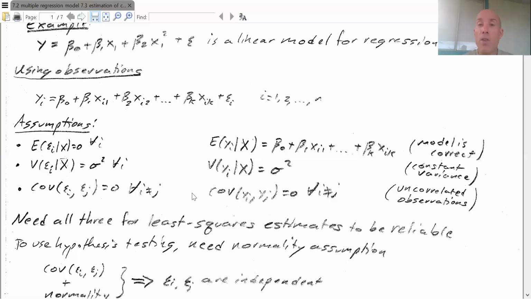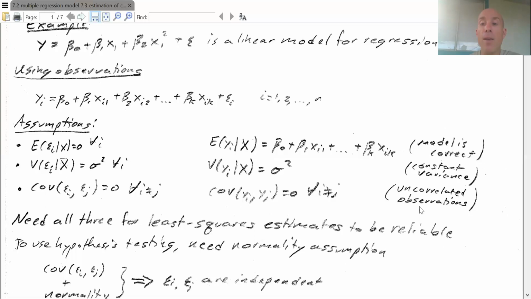If I'm working with the epsilons, I'm taking the assumptions from the left. If I'm working on a proof with the y's, I'm going to articulate the assumptions in terms of the right-hand side. So our 3 assumptions are, first and foremost, that the model is correct in terms of an expected value. Next, that we have constant variance, and when I say constant, that's with respect to the x's, the predictor variables.